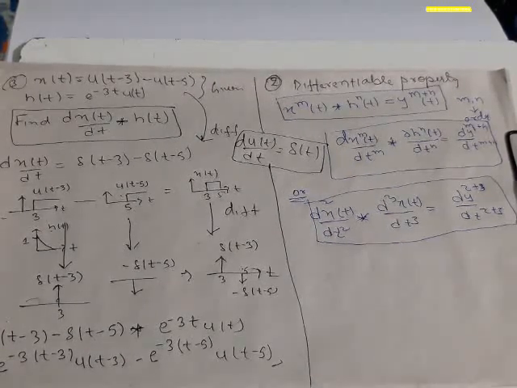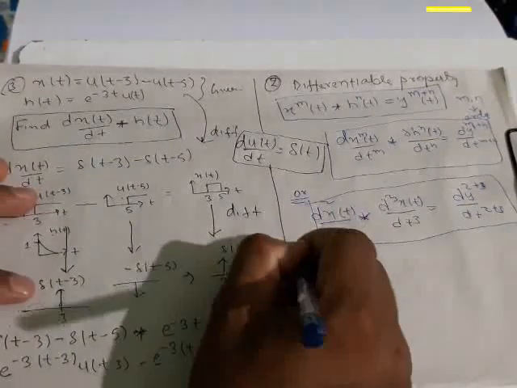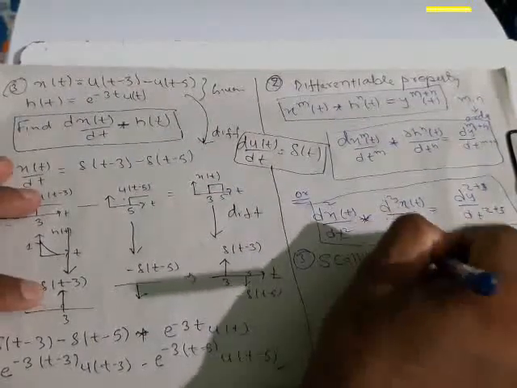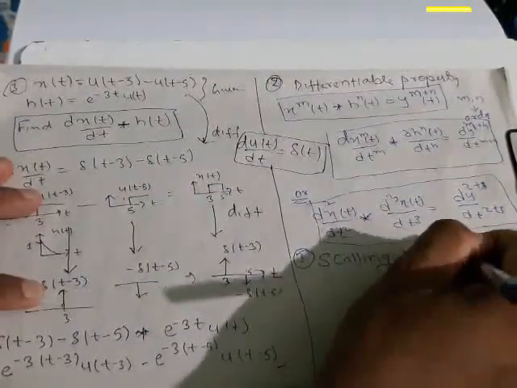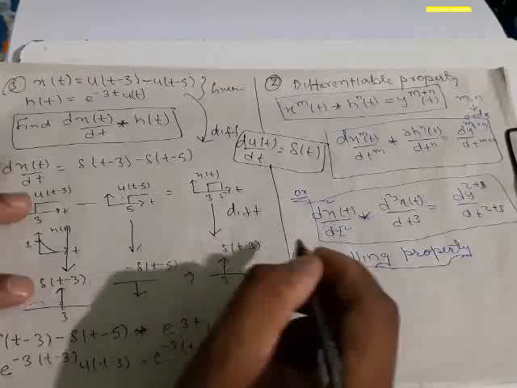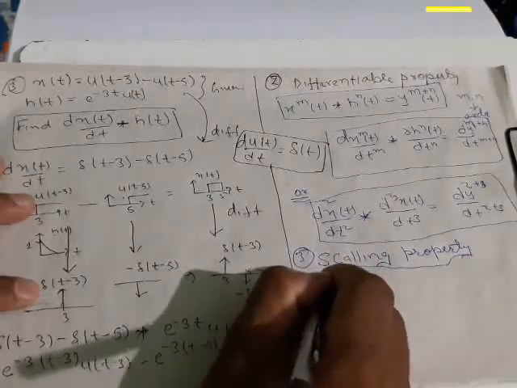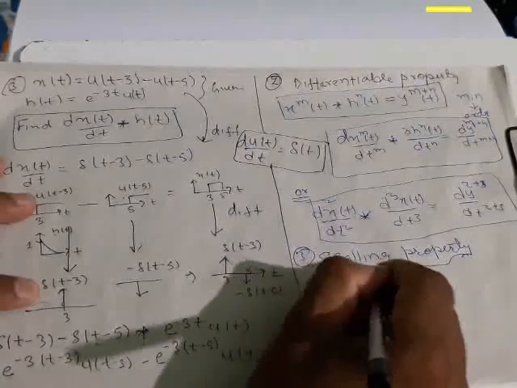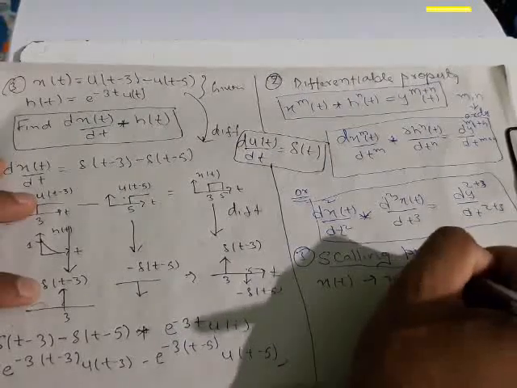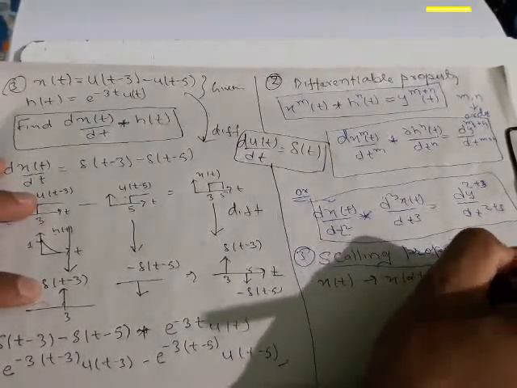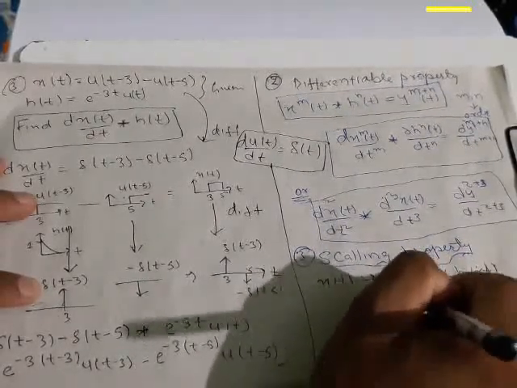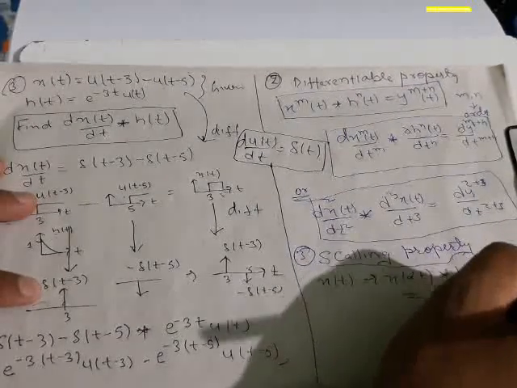So now if we take this function, x of t convolution with del of t minus t naught equals x of t minus t naught, if we replace t by minus t, so x of minus t convolution with del of minus t naught is equal to x of minus t naught. So this is called reversal property.